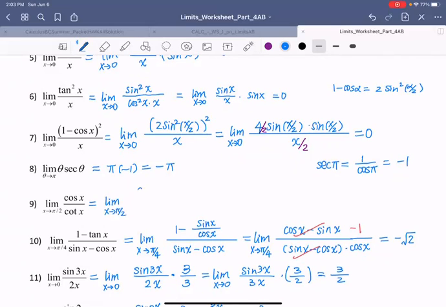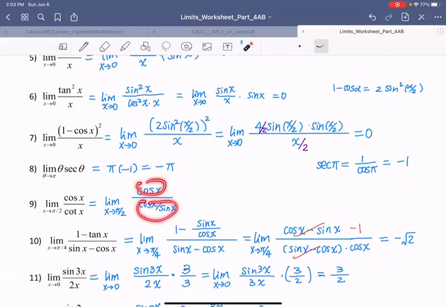Yeah, so the top one is cosine x. The bottom one is cotangent, which is cosine over sine, right? Yeah. Now you tell me this equals who? It equals sine x. Very good.